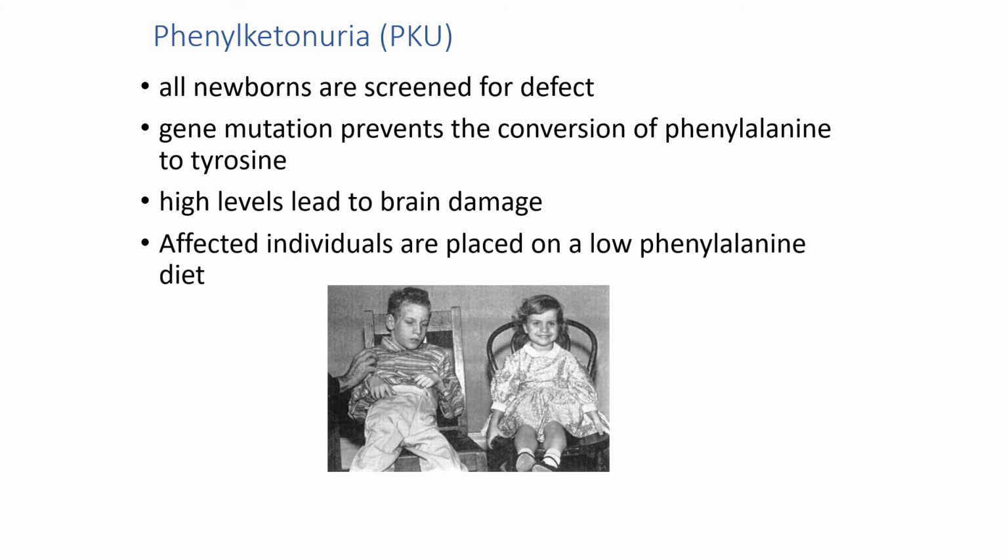The mutation in their gene doesn't allow them to convert the phenylalanine to tyrosine, and so they have a buildup of phenylalanine in their systems, which can lead to brain damage. So as long as they maintain a diet low in phenylalanine, they can go on to lead full lives.